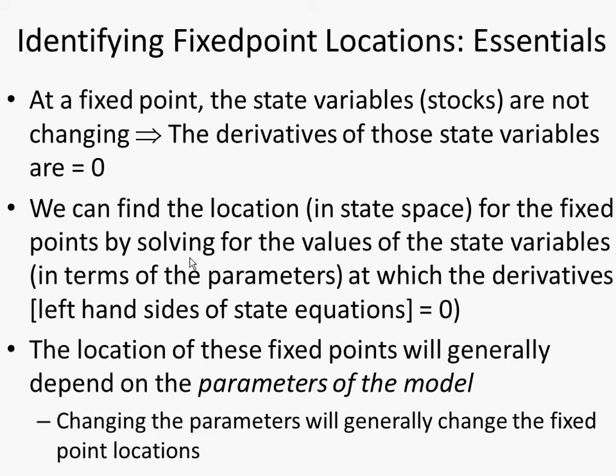Okay. And generally the locations of these fixed points, and there's typically going to be several of them, will depend on the parameter values of the model. So changing the parameter values will change where the fixed points are. Now, in some really interesting cases, and we may see a glimpse of this later in the class, the number of fixed points depends on the parameters.